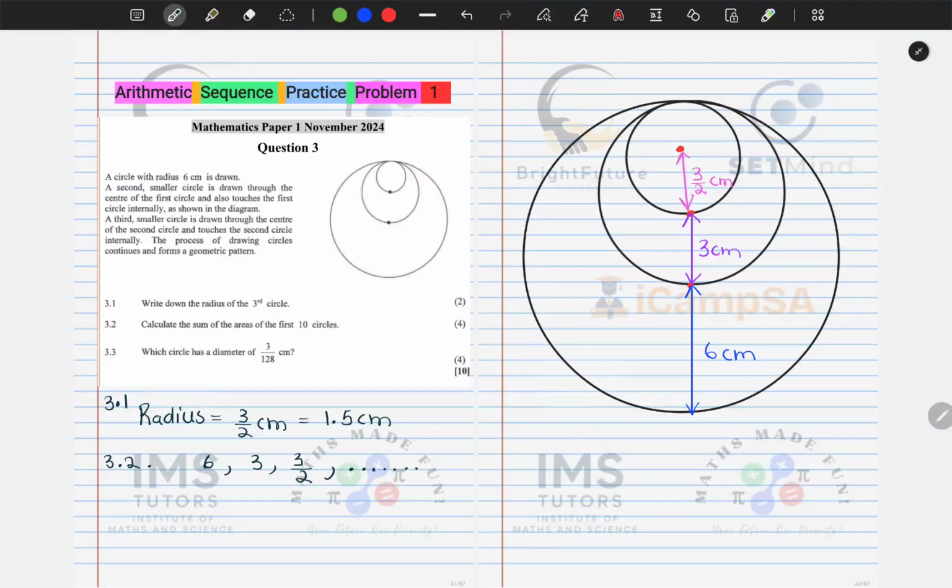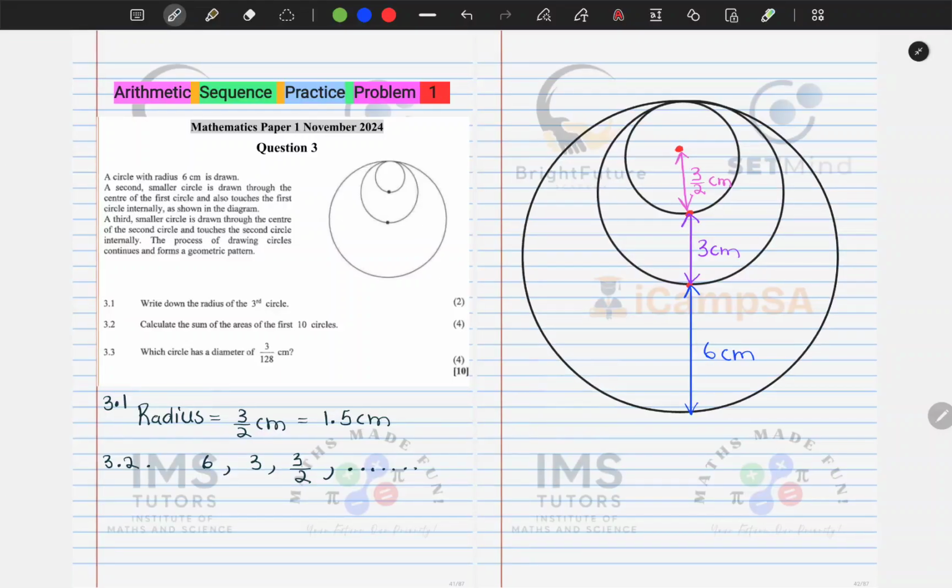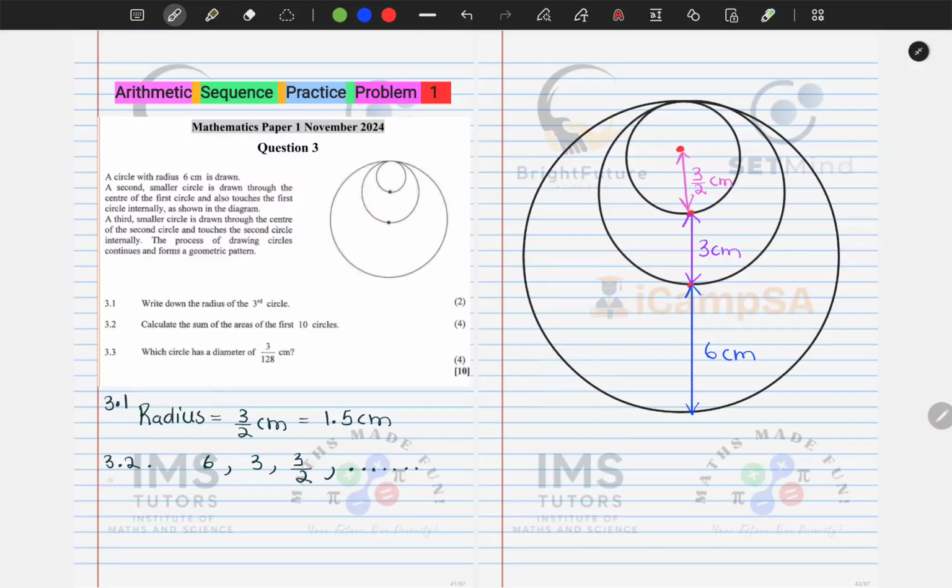With these radiuses, we can always find the area of these circles. Remember that the area of a circle is always given by pi r squared. That is how you get the area. So we can formulate a sequence that is made up of area, because for this one, what we are looking at is radius.